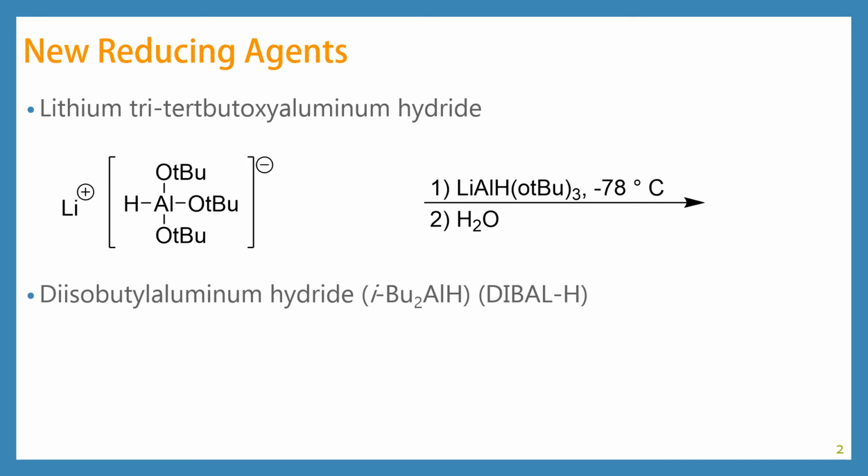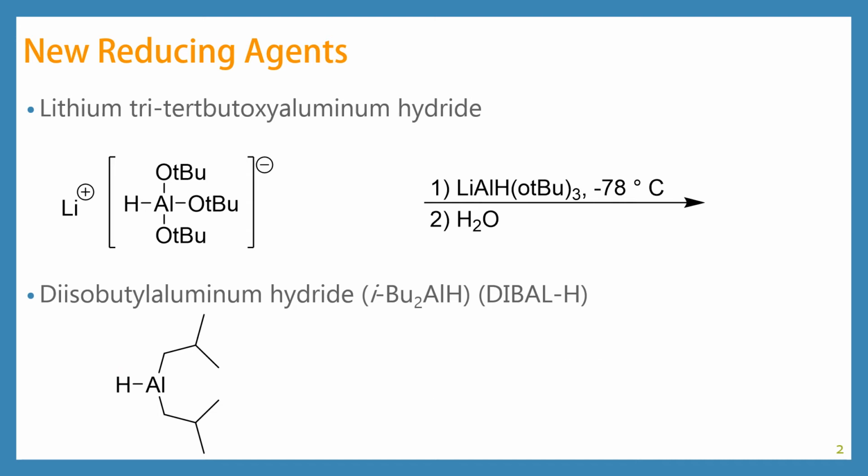Our other one is diisobutyl aluminum hydride. This one actually does have a really nice shorthand, which is DIBAL. It is also a source of hydride, as the name probably tells you. So this one is a little bit different. You have your isobutyl groups, which is where the diisobutyl part comes from, and then you have the hydride on the aluminum.